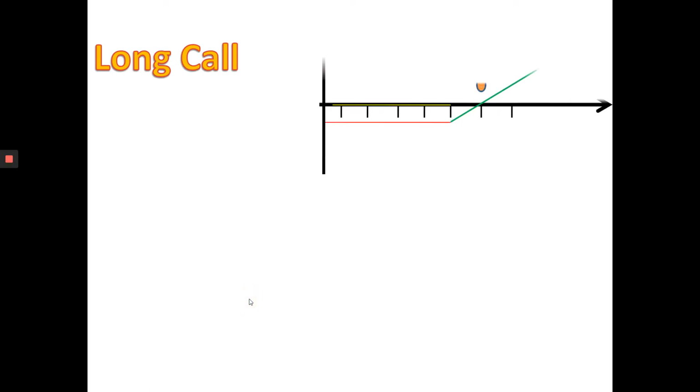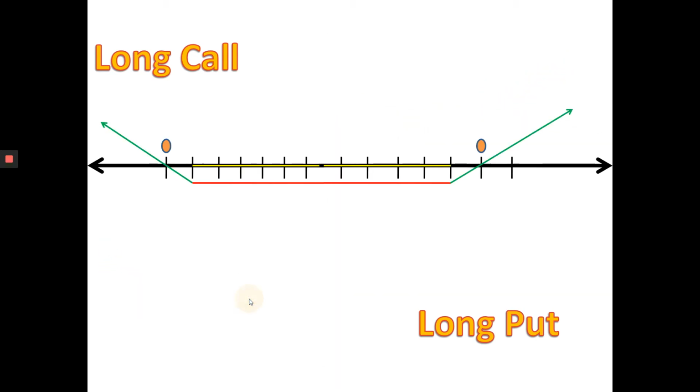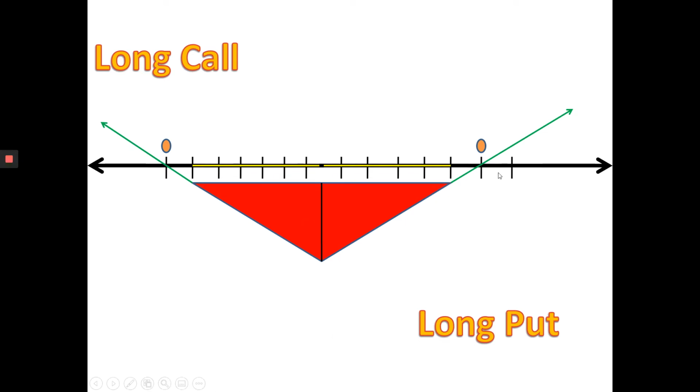There's also something known as a straddle. We'll use a long call and a long put, structured in such a way that the stock has to move out of these lines, either up or down, when volatility is on the upper scale.